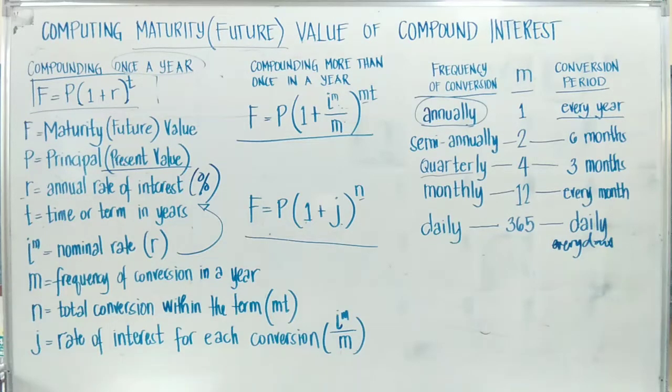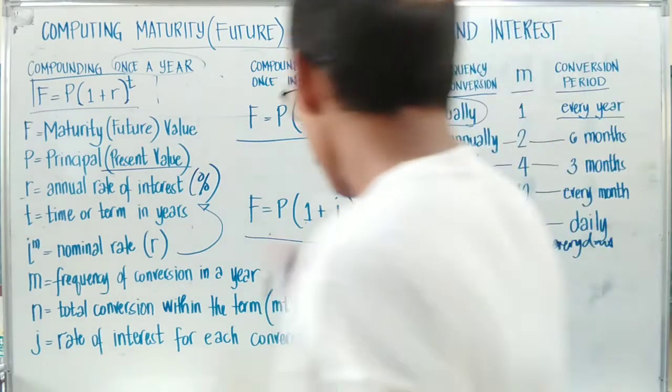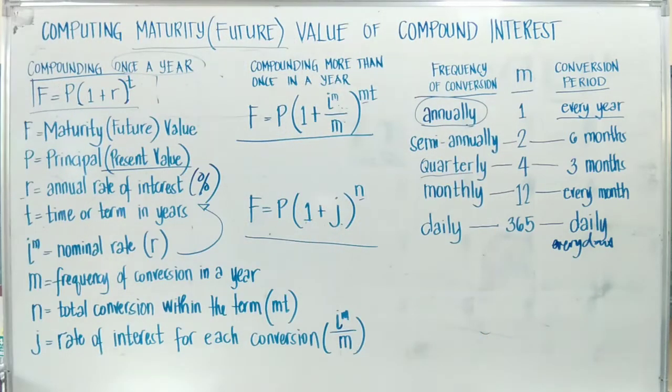So just remember these things, because they are the basic terms and variables that we will be using in computing your maturity or future value. So let's go to the application of this formula and terms to our problem.